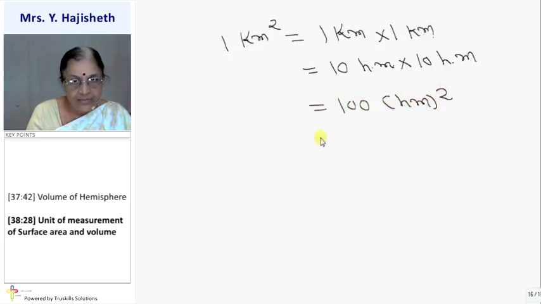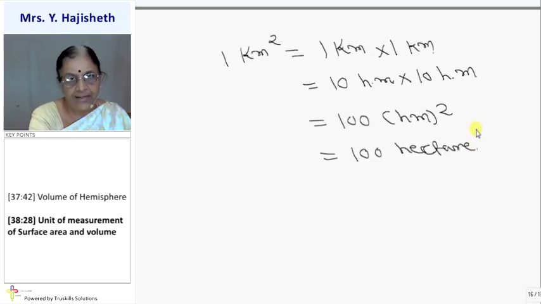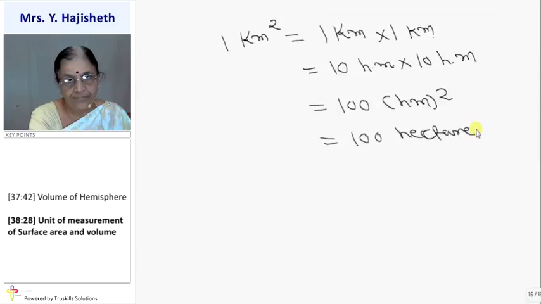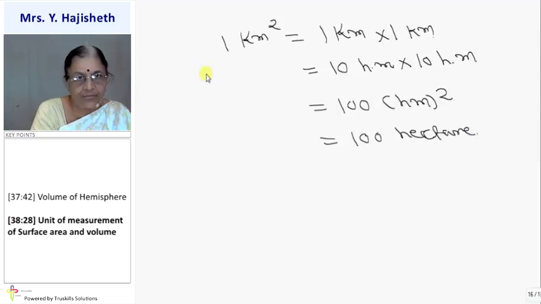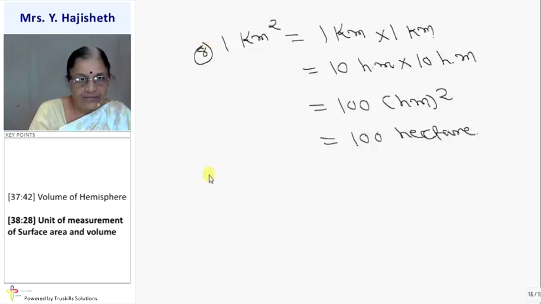And 1 hectometer square is 1 hectare. So it is 100 hectare. 1 kilometer square is 100 hectare. Okay. This is my 8th formula. 1 kilometer square is 100 hectare. Okay.